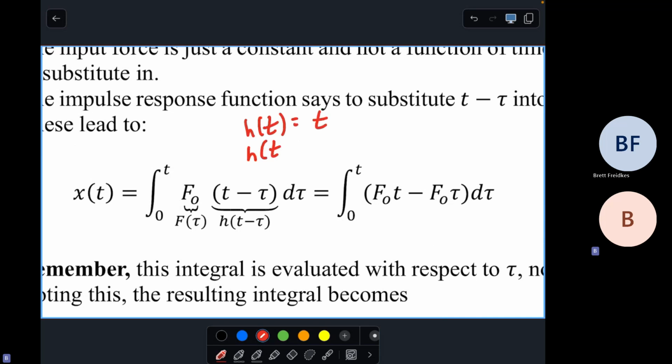So I do h of t minus tau. That just goes into whatever t was in the original one. That becomes t minus tau. Are people okay with this concept of a function? This throws some people off. I want to make sure that we're on the same page when it comes to what a function is.